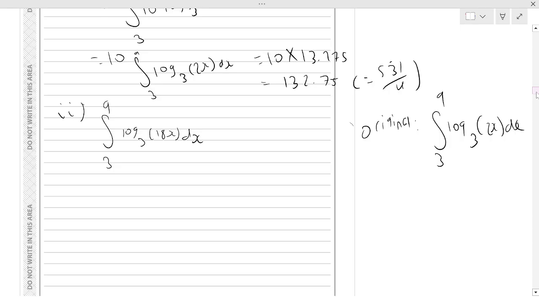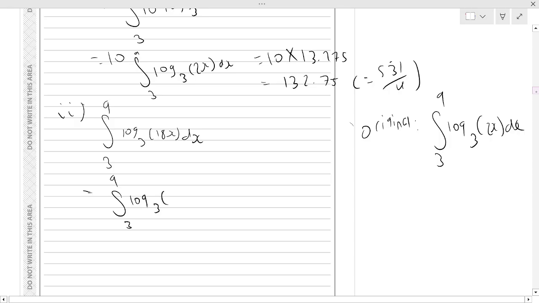I want to use the original, so I'm going to need to make it look like this. Let's try and make 2x from this. Well, I know 2x goes to 2x times 9, because that would get me 18x.